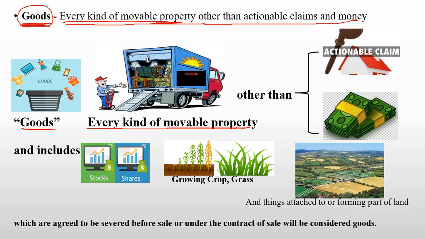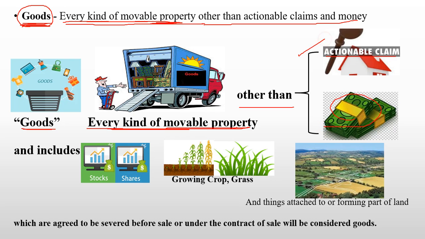Movable property means which can be moved from one place to another place. If you are holding a book, you can keep that book in another place also, so it is a movable property. So goods means every kind of movable property other than actionable claims and money.